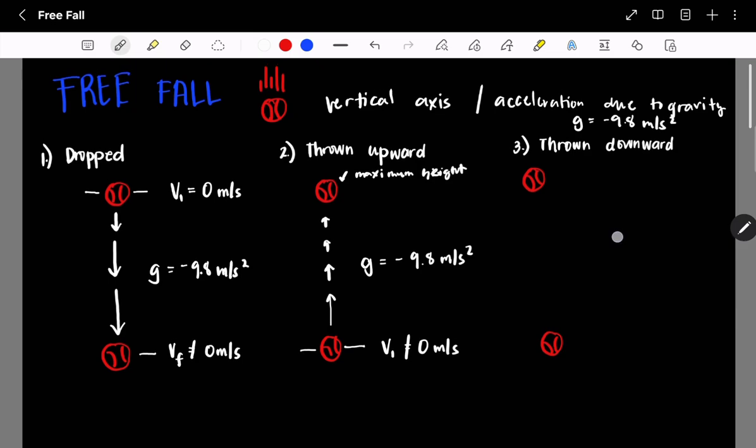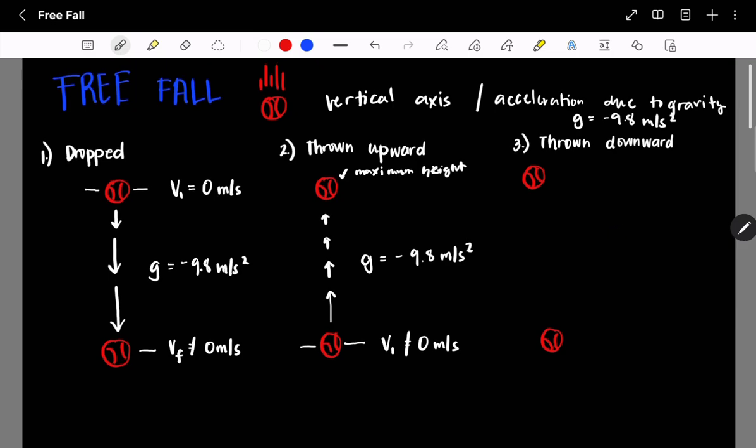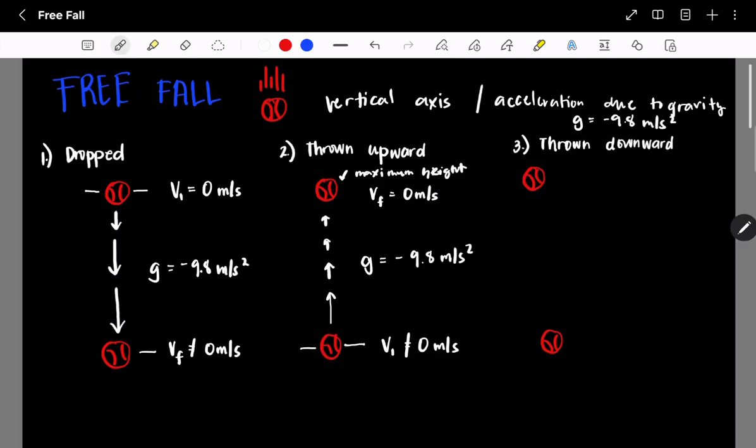By the time it reaches its maximum point, it would have lost all its velocity, and the velocity at the final point or maximum would be 0 meters per second. We will assume that at the highest point, the ball will momentarily stop before it falls back down to its original position.